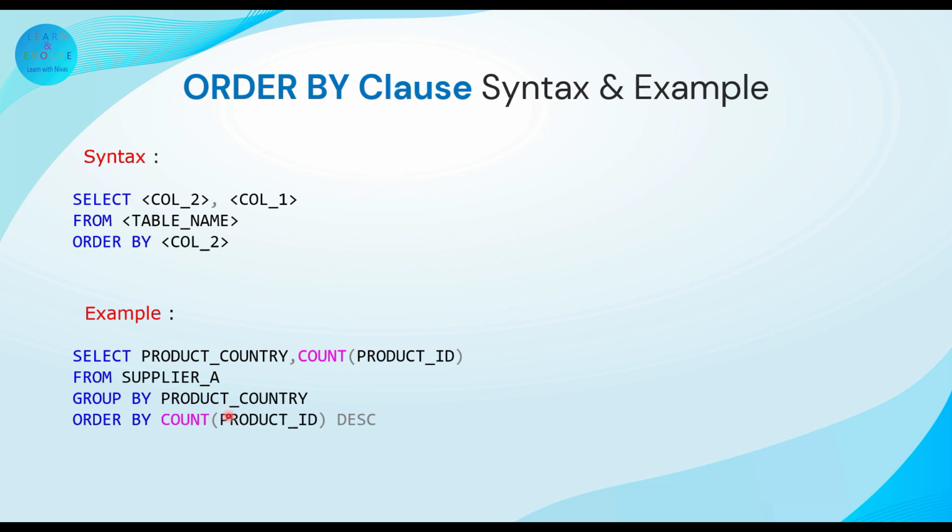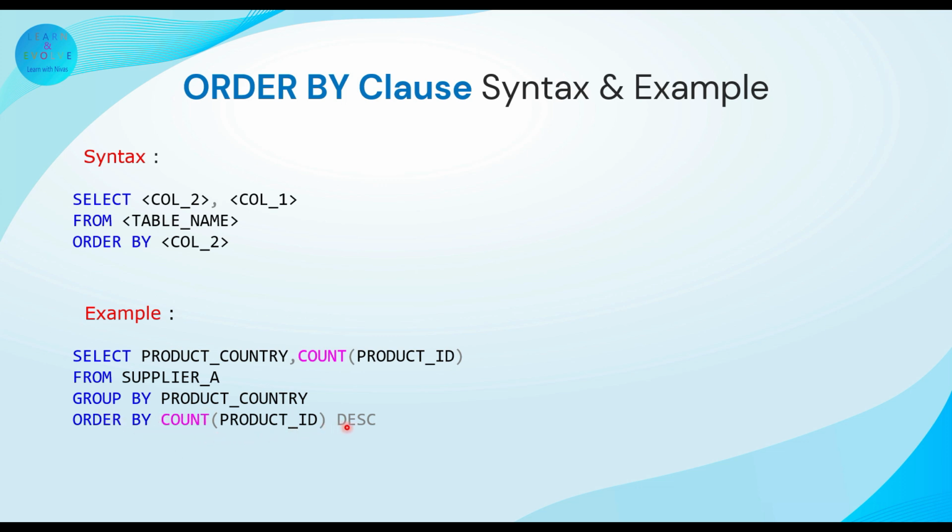If you want group by in detail, I have another video in my playlist. You can check it out. Now I've used the group by statement for product country wise count, as we just saw. Over and above that, I'm ordering based on the count.